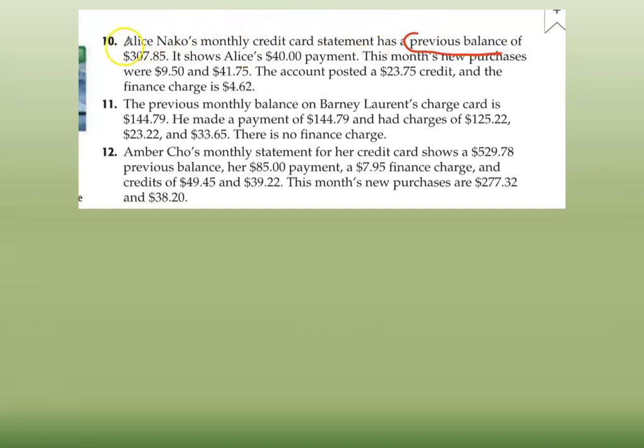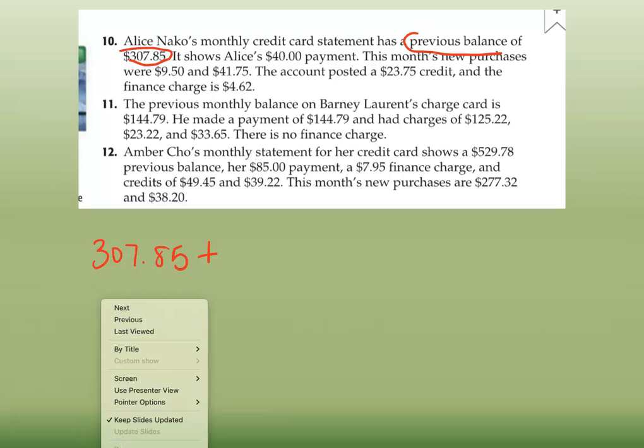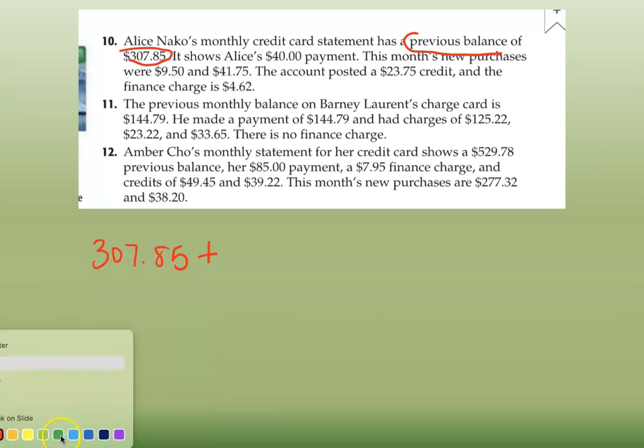Previous balance is $307.85. Okay, and that's what my formula started with. Then my formula says to add new purchases. So you could even use different highlighters if you wanted to do this, or whatever will help you. It says new purchases right here of $950 and $41.75.